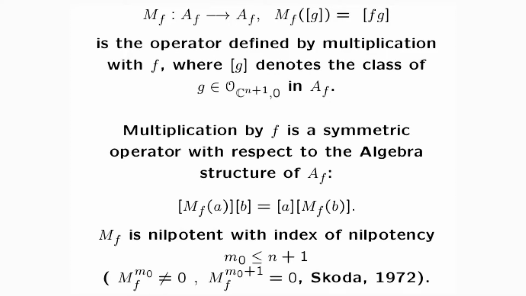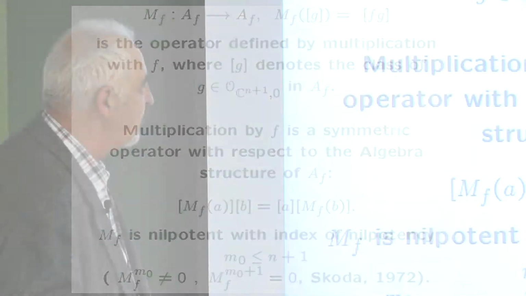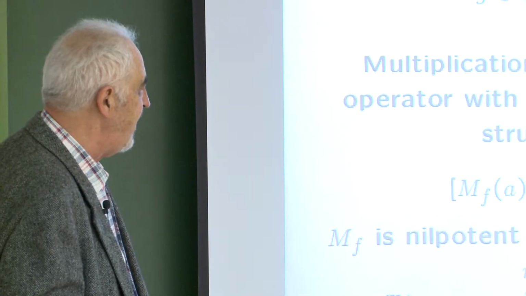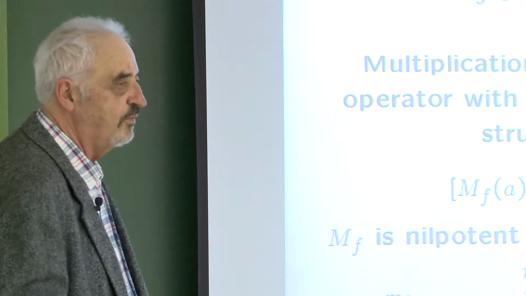This is an operator defined by multiplication with f, and we just multiply by f and g in the algebra. And so multiplication by f is a symmetric operator with respect to the algebra structure in A_F, in the sense that it satisfies this property. It is nilpotent with index of nilpotency n plus 1, which is a theorem of Skoda.